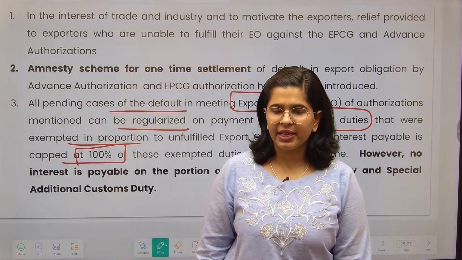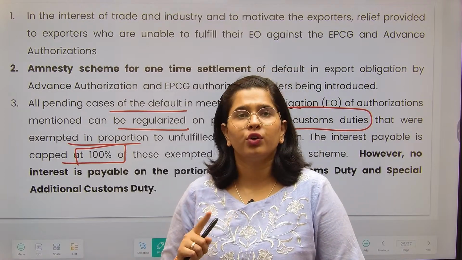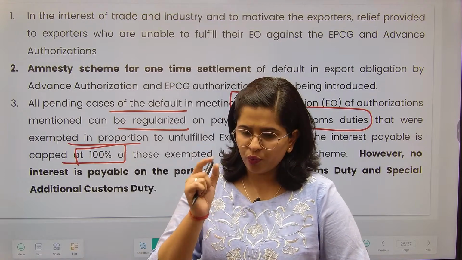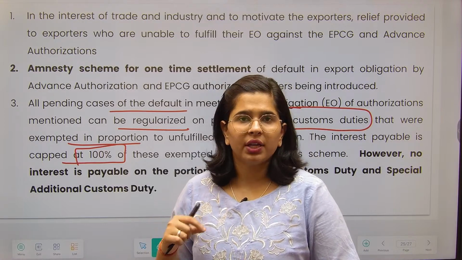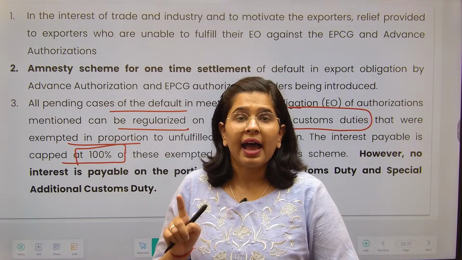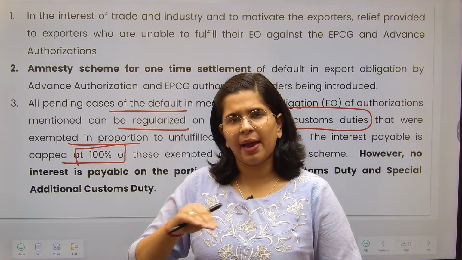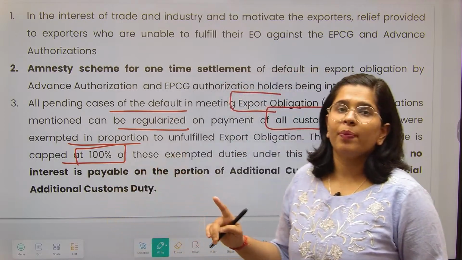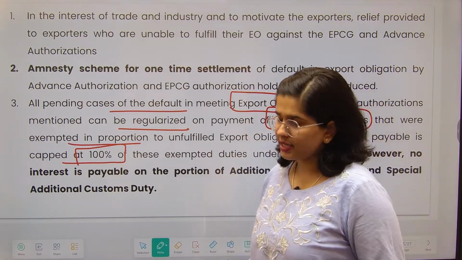If we have exempted 1 crore, 1 crore duty you had to pay and the government exempted it, so government is saying 1 crore we need, the duty we have exempted plus the interest on it as well. And if interest comes to more than 1 crore, we have capped it at 1 crore only. Fine. So you have to pay the duty as well as the interest. This is what government says.